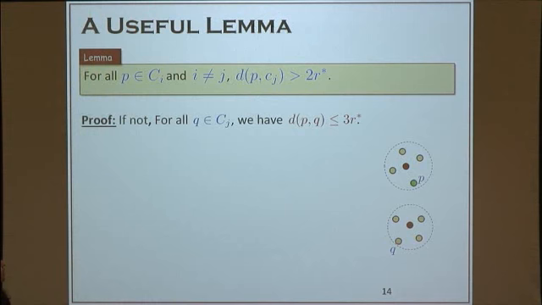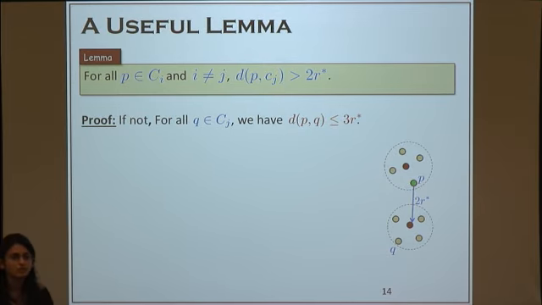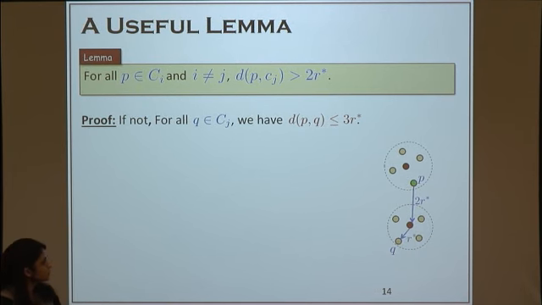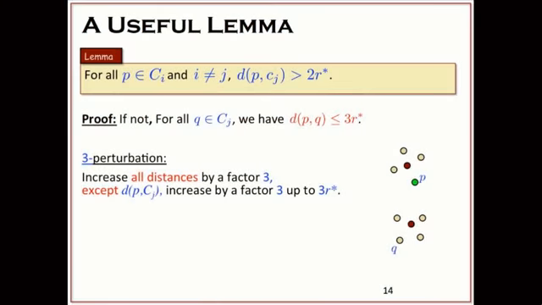So we have a p and a q such that the distance from p to that center is at most 2r star. The distance between that center and q is, by definition, r star. Therefore, the distance of p to q is at most 3r star. So the distance of p to any point in the cluster that is not its own is now at most 3r star. I'm going to make a perturbation.